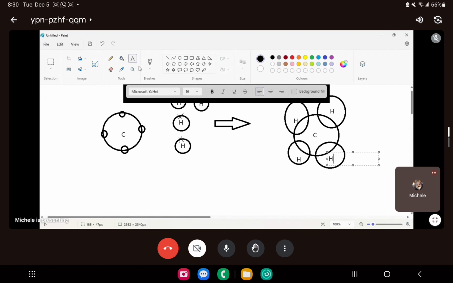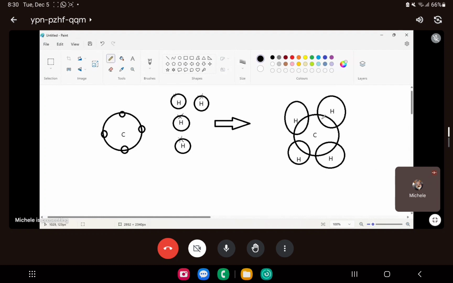So the H is X, and the carbon is O. Hydrogen is X, and carbon is also O. Here also carbon O, hydrogen is X. Nice.